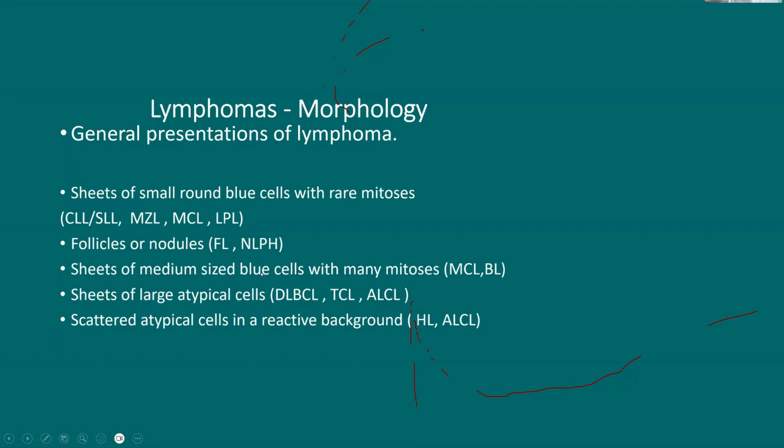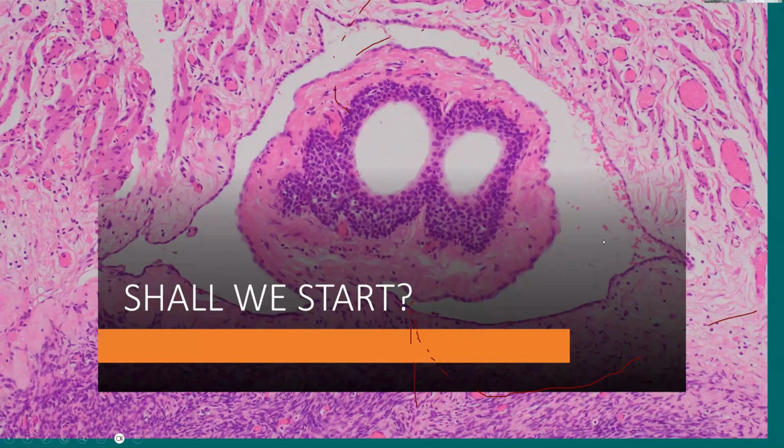If you have sheets of medium cells, think of mantle or Burkitt's. Sheets of large atypical cells, think of diffuse large B-cell lymphoma, T-cell lymphomas, or anaplastic large cell lymphoma. But the pattern that we are after is scattered atypical cells in a reactive background. This is typical for classic Hodgkin lymphoma, as well as other entities that we will be mentioning in this lecture.